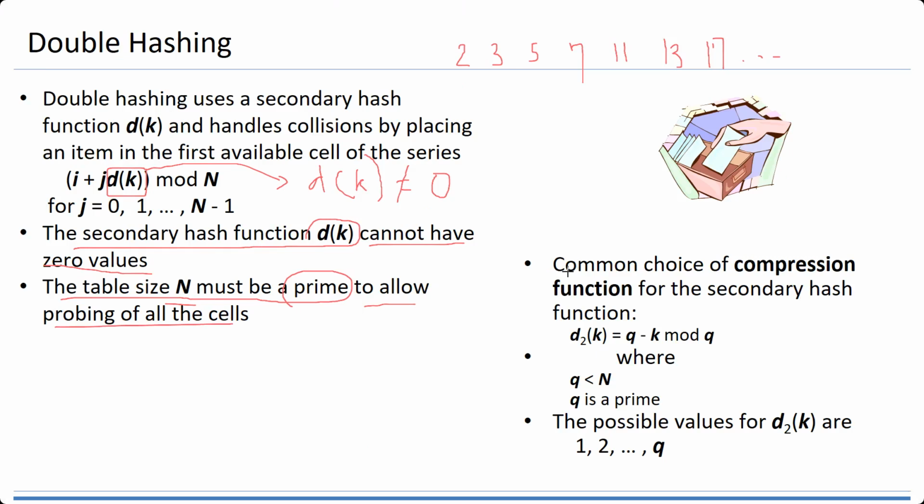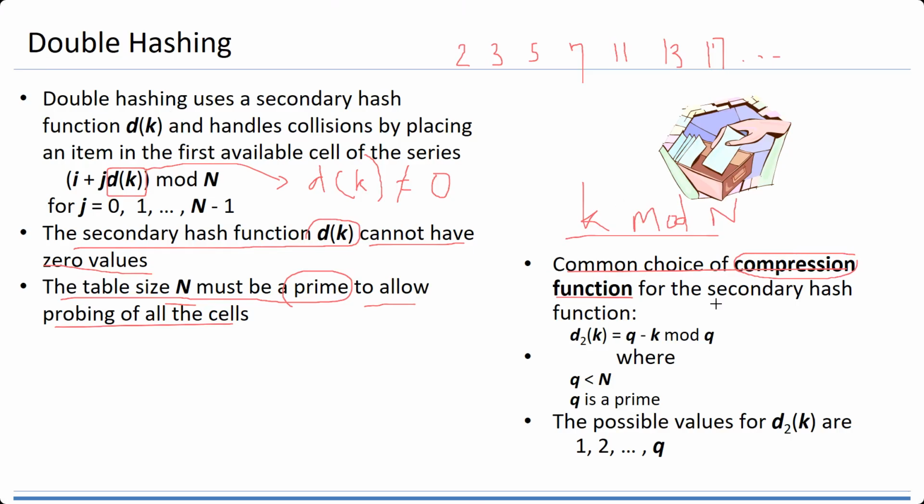So there are some choices for the compression function. If you still remember the compression function in the first part, we just do k mod n, just the remainder.